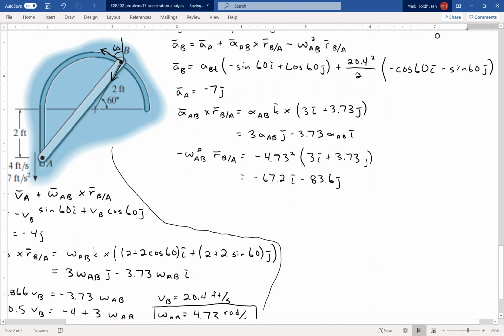So in the x component, I have, unfortunately, I didn't finish this out, so I'll write these equations and I'll assume you guys can solve them on your own.